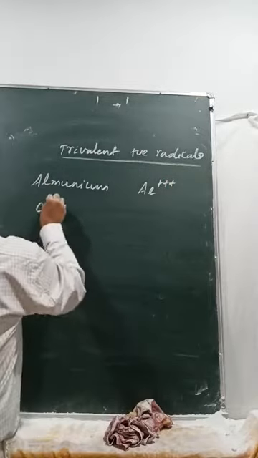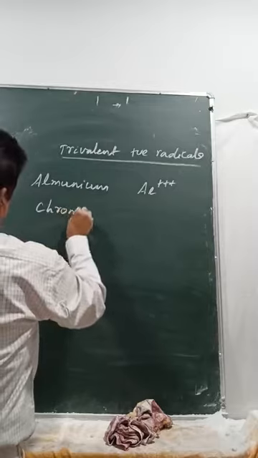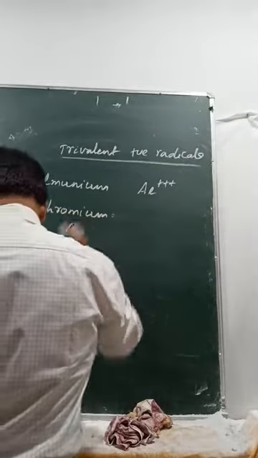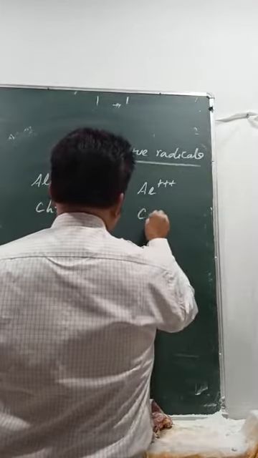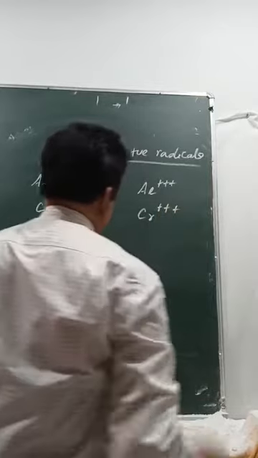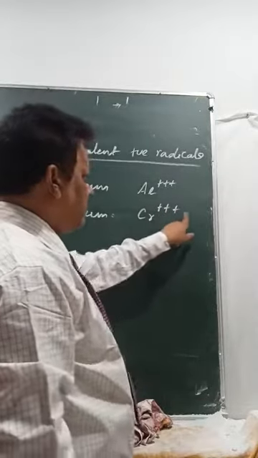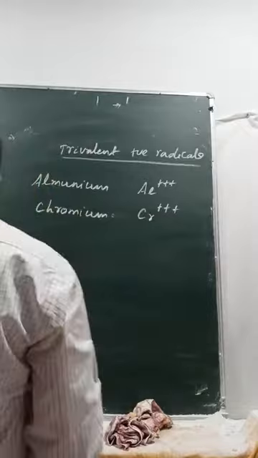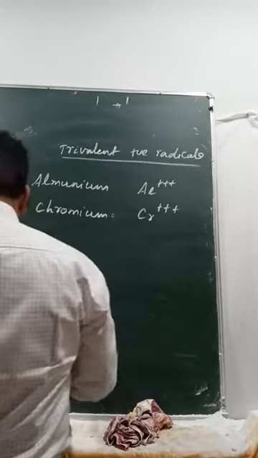Chromium, Cr, means what? It can give 3 electrons. Okay, chromium. After this, ferric.